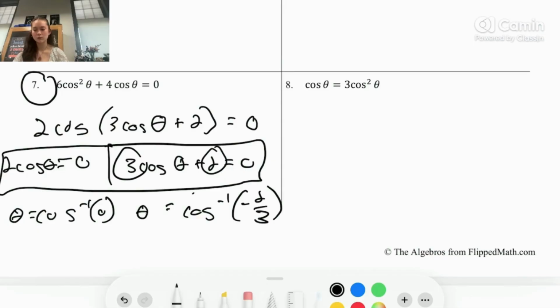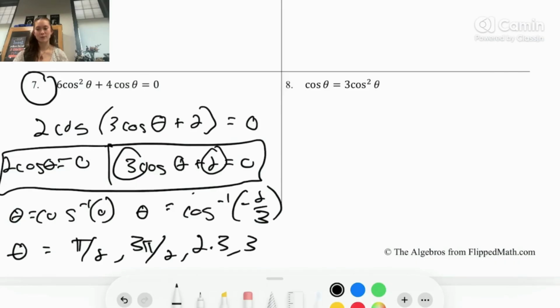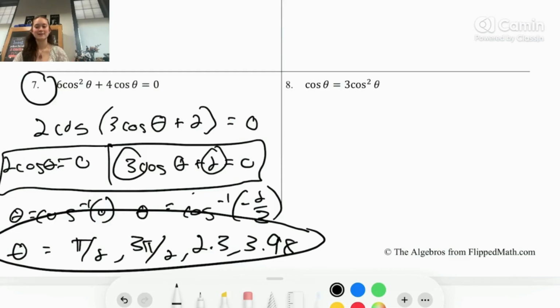And that would get you pi over 2, 3 pi over 2, about 2.3 when you plug it into the calculator, and then about 3.98. Perfect.